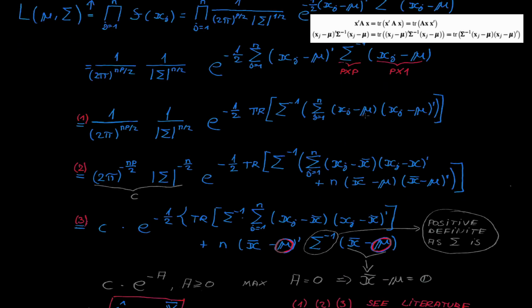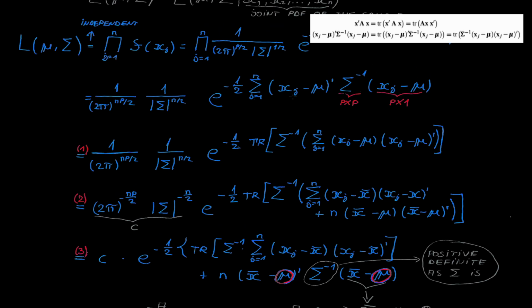But what we use is actually that the trace of the quadratic form, so x transposed A x, is equal to the trace of A x x transposed. So basically this x transposed goes to the right side.